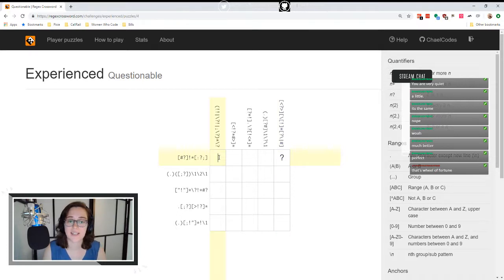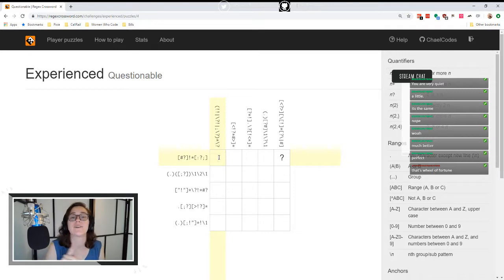Let's look at this vertical puzzle to try and figure out the vertical piece here. Okay, so we have parentheses, 2 exclamation marks, or do you see that forward slash? That means that's a question mark, just the character. It doesn't modify anything.